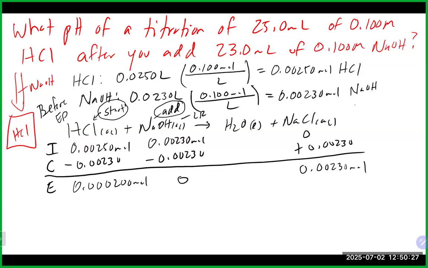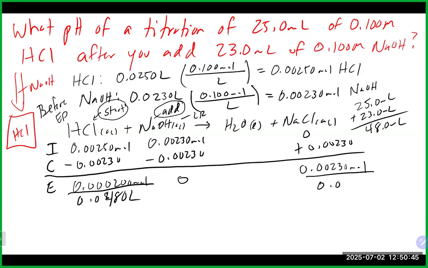So I started with 25 milliliters of my acid. I added 23 milliliters of my base. That's 48 milliliters, I think. So I'm going to divide this by 0.048 liters, and that's going to get me 0.00417.